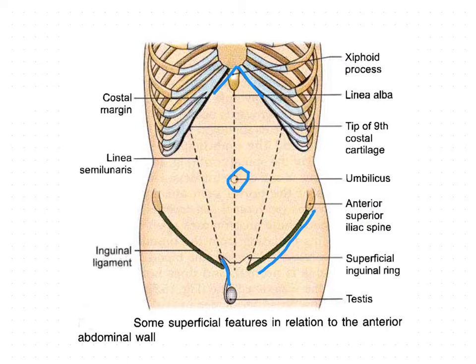And also the next one is the anterior abdominal wall, which is divided into right and left halves by a vertical groove. So here you can see this vertical groove, which is extending from the xiphoid process to the pubic symphysis, called the linea alba.